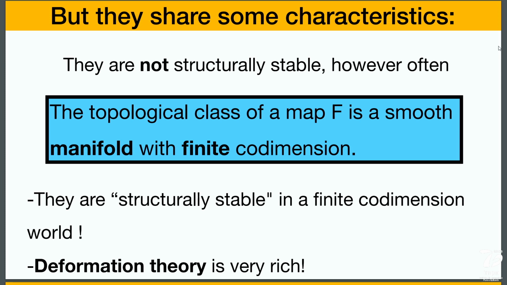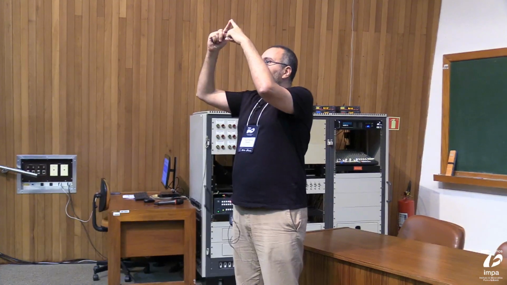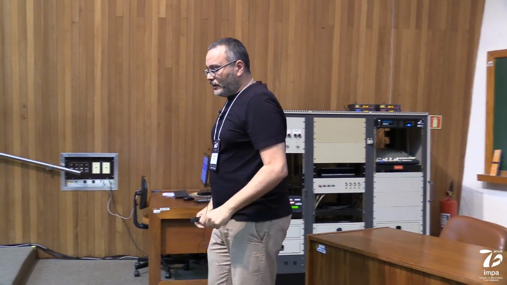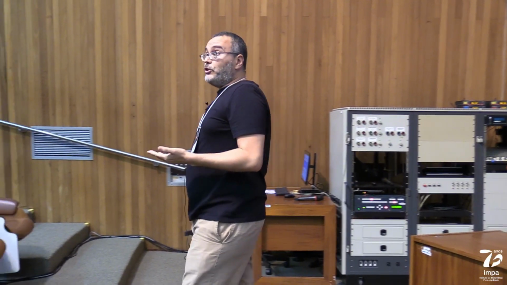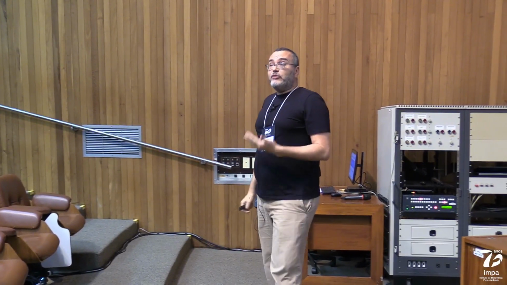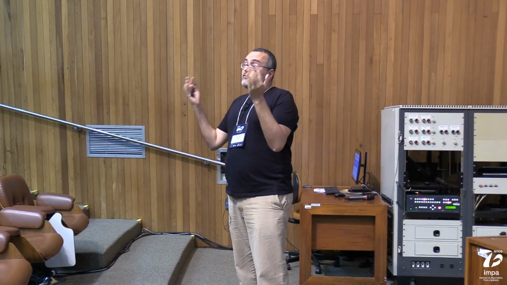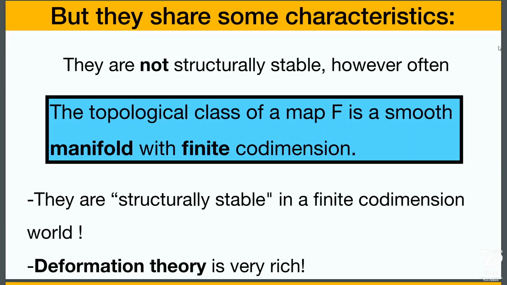To give an example, if you pick a map that is expanding, the topological entropy is a complete topological invariant. If you have two of these expanding maps with the same topological entropy, they are topologically conjugate, so the dynamics is given just by one number, the topological entropy.